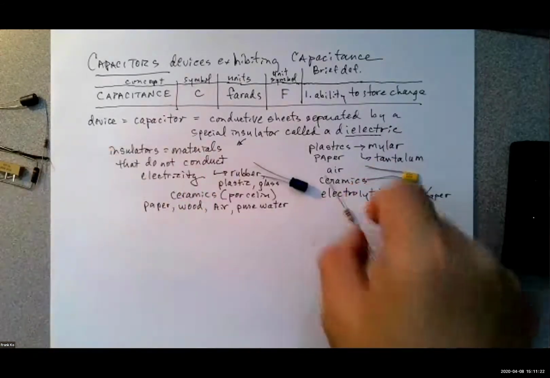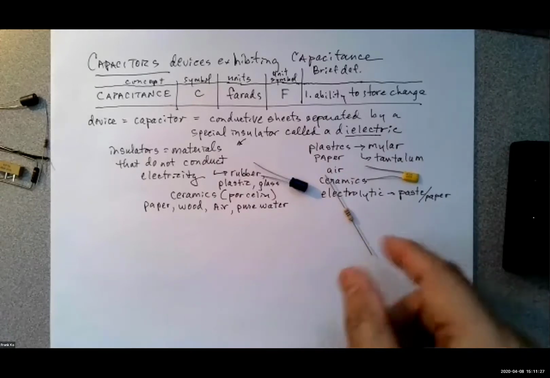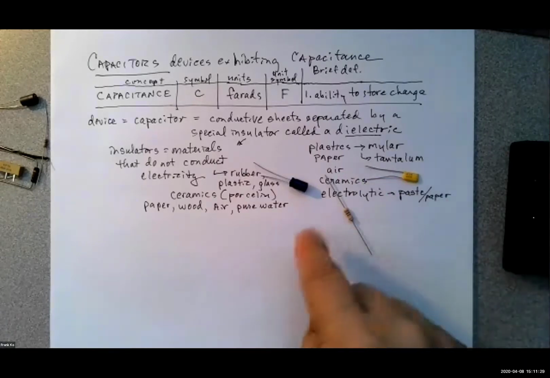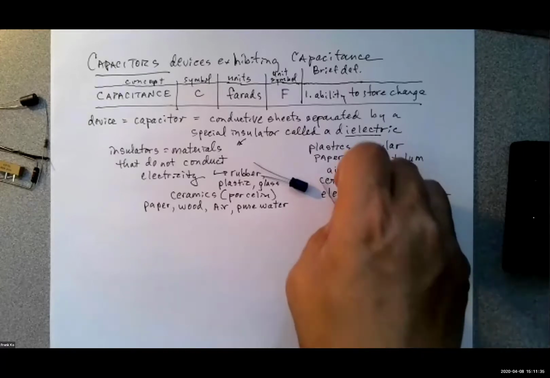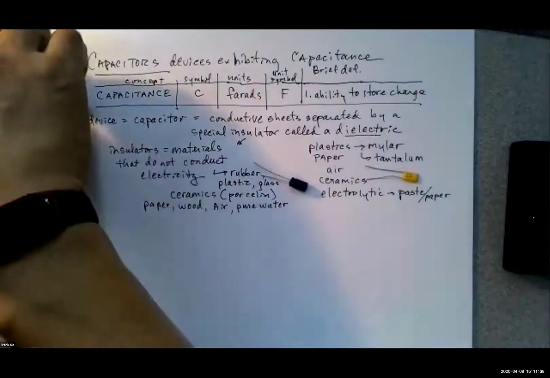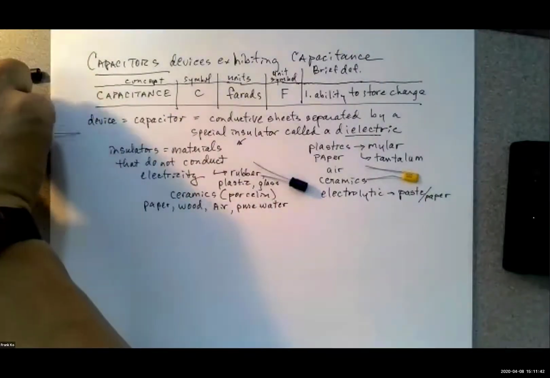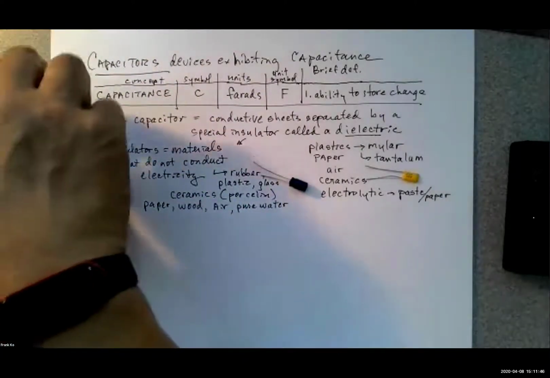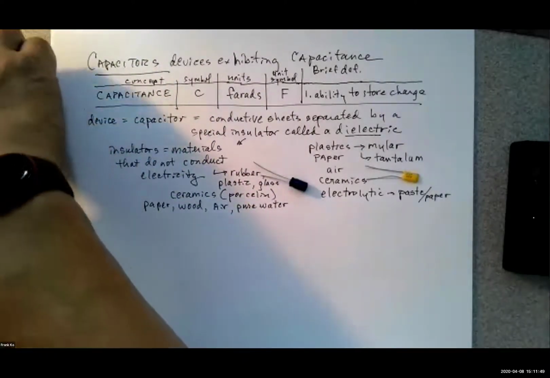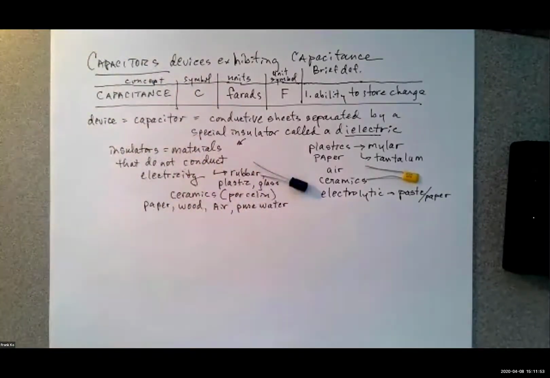Resistors are a ceramic compound that happens to have conductive powder in there. It's like an iron dust, and depending upon the concentration that varies between ceramic and the conductive material will determine how much resistivity this particular fellow has. The ceramic capacitor is designed in such a way that we do have separate conductive plates in there, and they're separated by the ceramic material. So let me give you an example here.